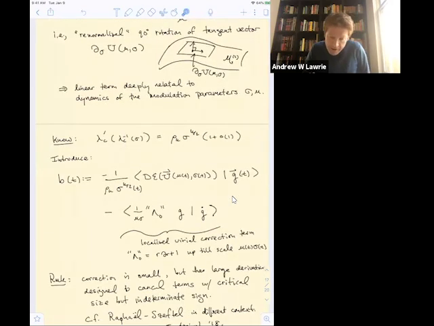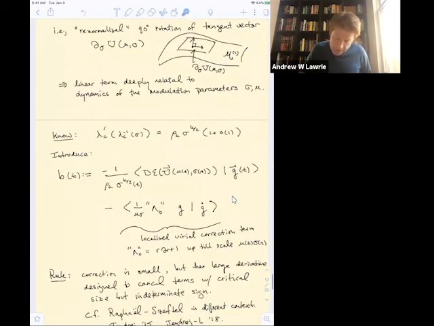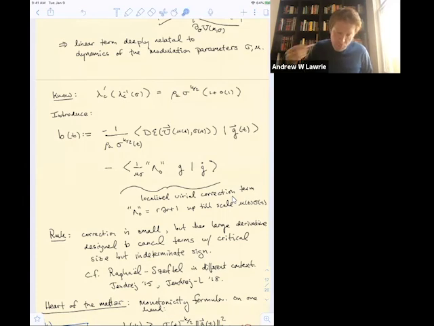And so now I'd like to just naively differentiate this object, use the equation at some point, and analyze its dynamics. It turns out that this is too naive, of course, but you can roughly do so.